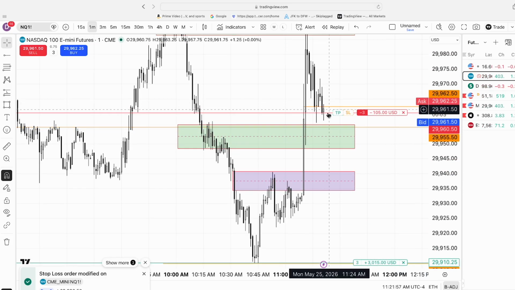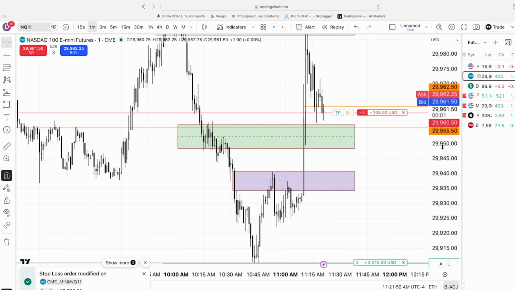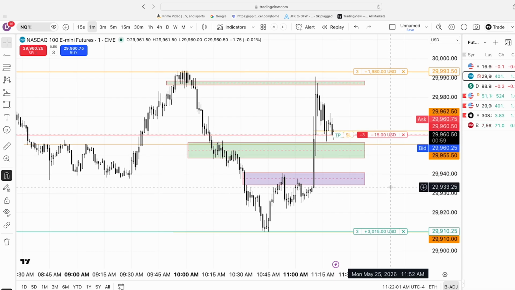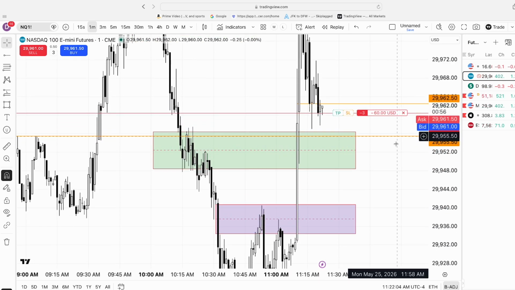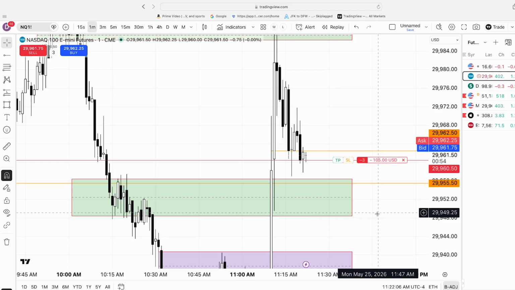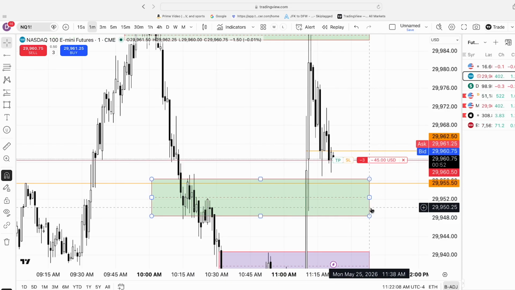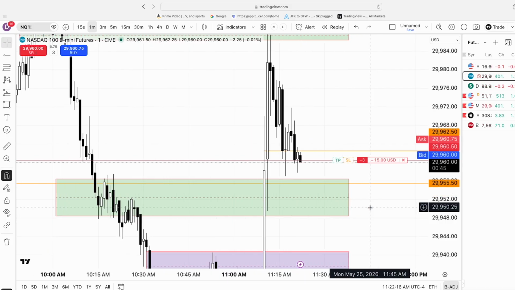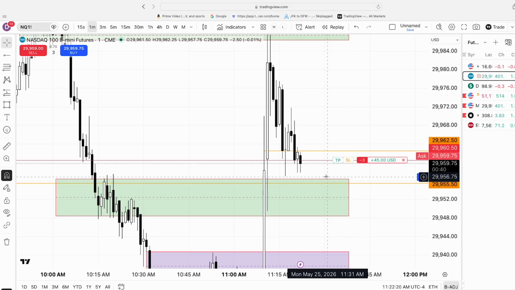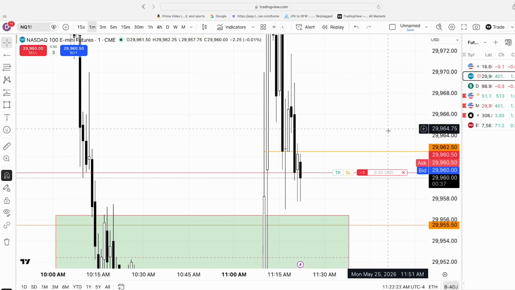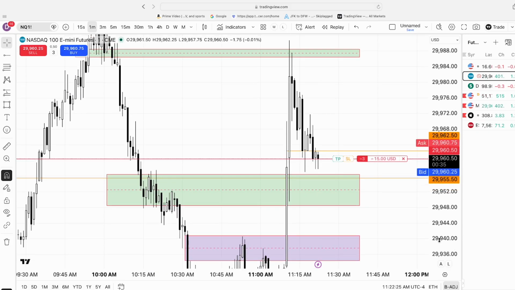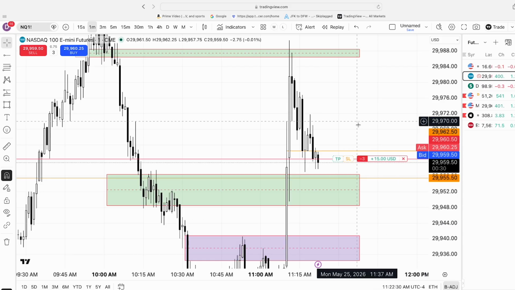Remember, I said it's going to be jumpy in here because it's a gap. Now, the reason I did this, I wouldn't normally get in the middle of a trade like this because it can give you room.